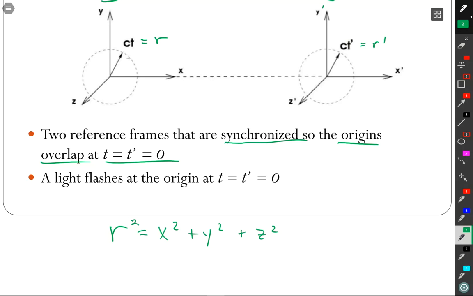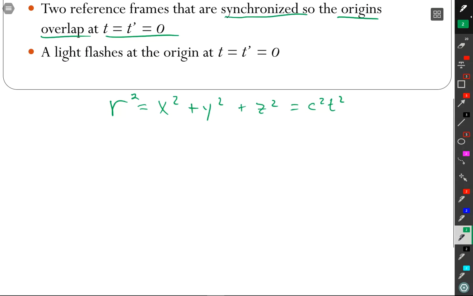So now what we're going to do is say, well, we have two equations now for radius. One radius is CT, so I'm going to put c squared t squared. The other one, x squared plus y squared plus z squared. Remember, I'm looking for an invariant, something that won't change from one reference frame to another. So if I take this and I say, well, r squared minus r squared is equal to, by definition, 0.